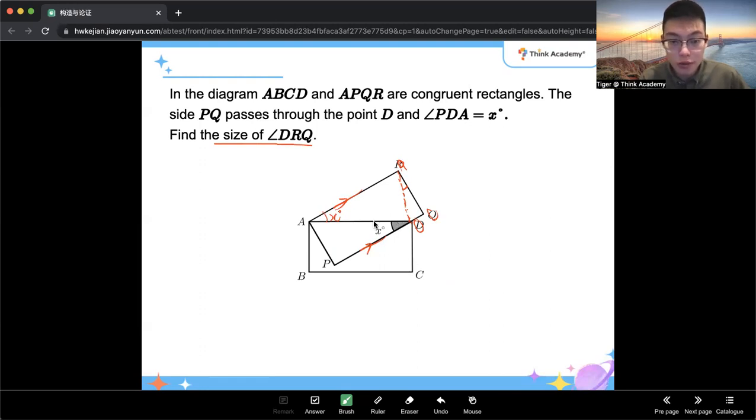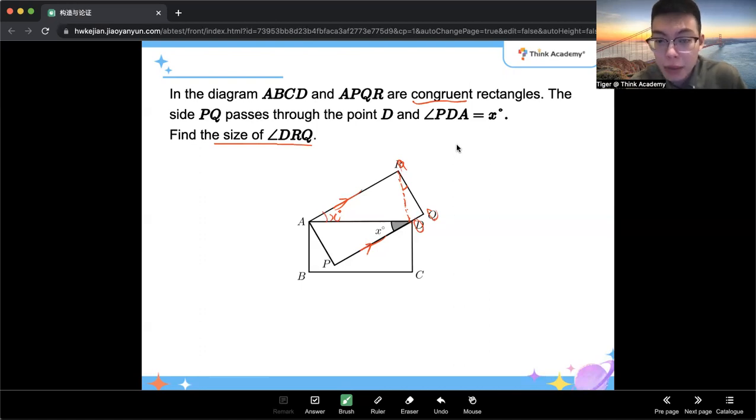And also, the 2 rectangles are the same. Why do they have to be the same? Like, what happens if they're not the same? So usually these kinds of information are very important. It means that we are using the property of it being congruent.